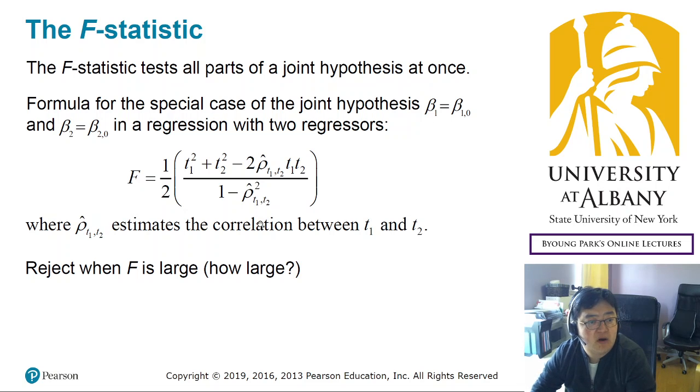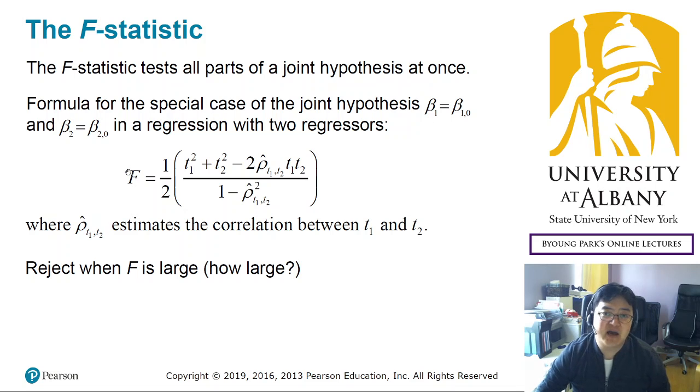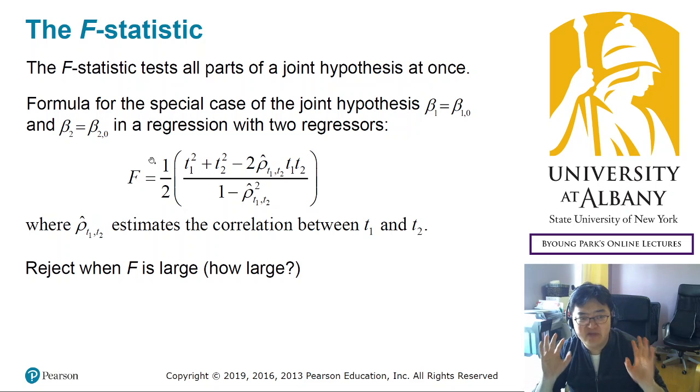The idea is the same, so the interpretation is the same. The F statistic will be interpreted as the standardized distance between the hypothesis and the estimate. Even though the standardization process is quite complicated compared to the one-dimensional case, the implication is the same.